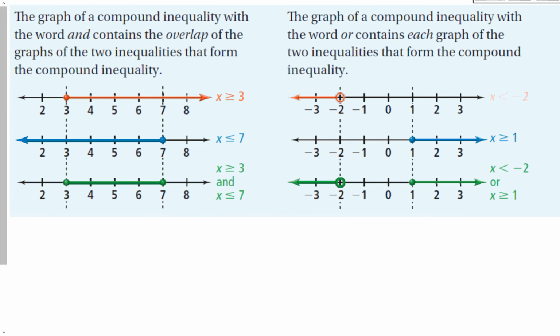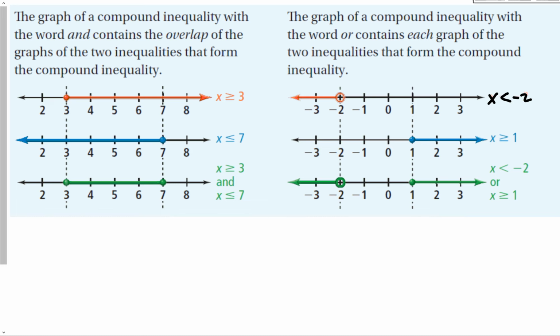The difference with an or inequality is that the graph of a compound inequality with the word or contains each graph of the two inequalities that form the compound inequality. So we have x less than -2, which goes to the left. x greater than 1 goes to the right. And now if we want one or the other, we just want one of them to be true.